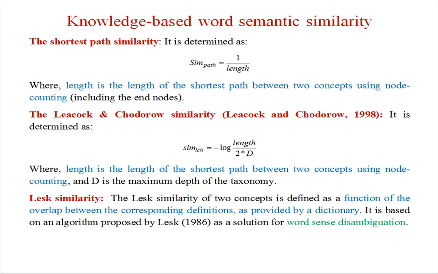Now the next part is how to use this hierarchy or graph in calculating the word semantic similarity. The first technique is the shortest path similarity. It determines the similarity between two words by using the shortest path.